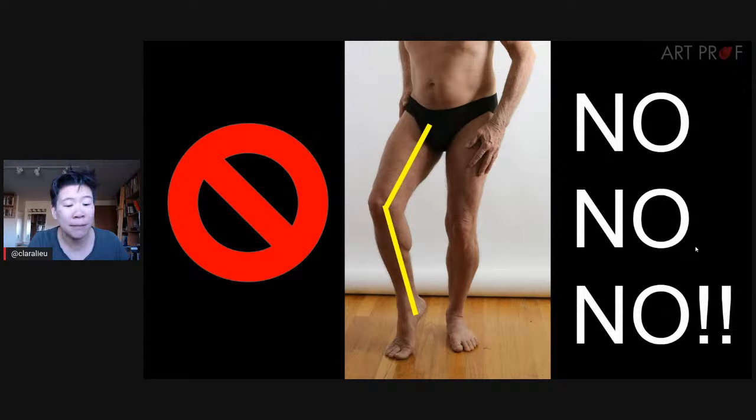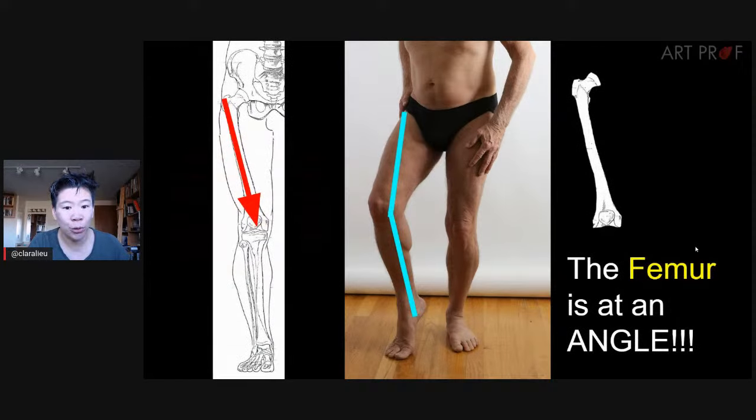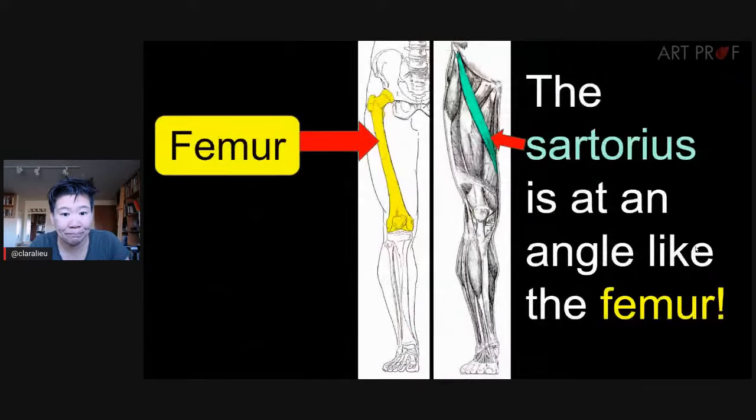Because anatomically speaking, there's no muscle, there's no bone, nothing goes straight down the center of the thigh. Really, you have the femur, which is in the thigh, and that's at an angle. Okay, it's not straight in the middle of the thigh, up till you get to the tibia in the bottom, where it goes straight.